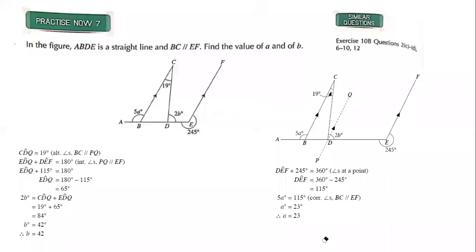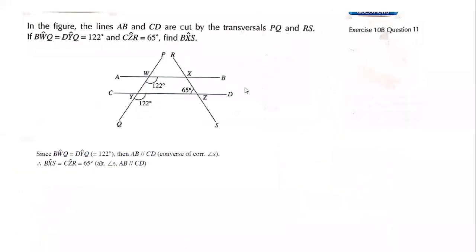Okay, let's solve another question. This is again from the practice now section. What we need to do is to find the angle BXS, meaning this angle. So we do know that this angle is actually an alternate angle to this, which is 65 degrees.